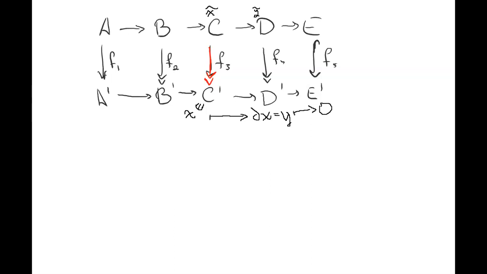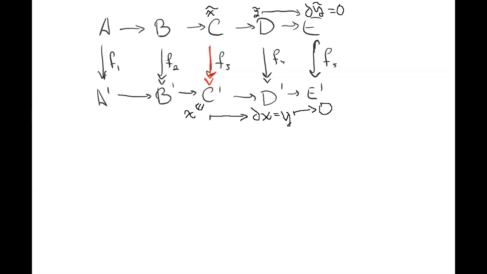Then boundary of Y tilde is 0 by commuting, and because this is injective, Y tilde maps to boundary, which is 0.